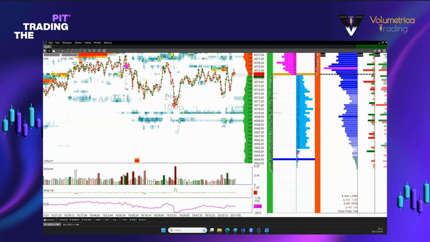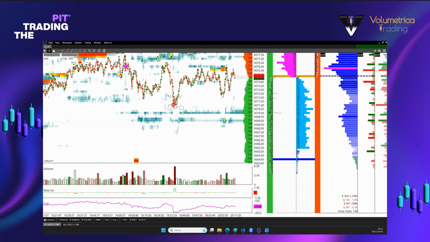So what will be the first thing other traders would think looking at that order? Oh wow, somebody is buying 1,000 lots here.